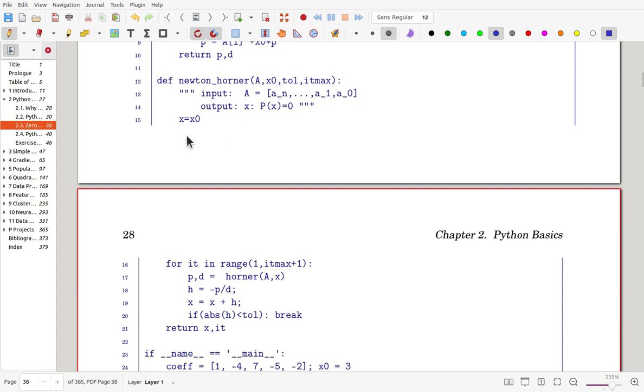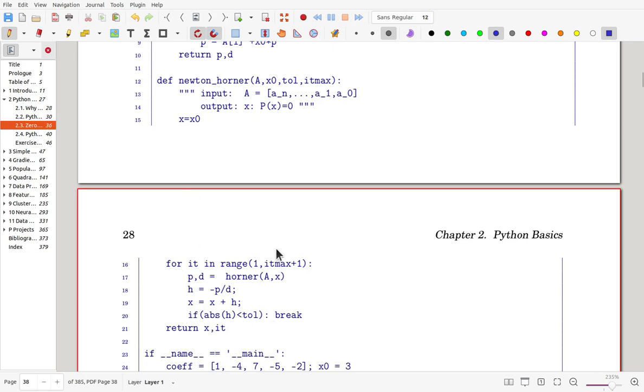Some x0 is given, it is saved into x, and then we call Horner along with the coefficients and x, and the function value and derivative value come out. The negative ratio is the correction term, which is added. Once the correction term is in modulus bounded by the tolerance, we break the iteration.